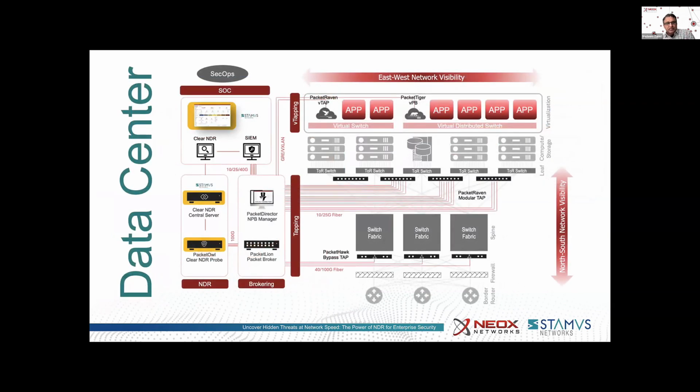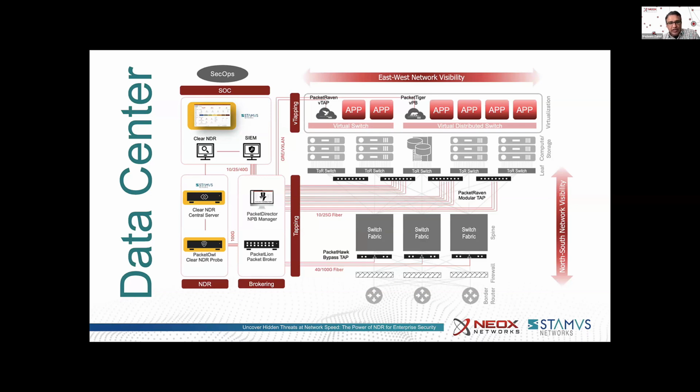A couple of architectures. This is just a bigger picture of how the architecture will look, especially if we have any network architects or network engineers on the webinar. If you look from right to left, you have a typical spine-leaf and a bunch of servers and apps running on them. That's your typical virtualized software-defined data center. You have our Packet Hawk inline bypass taps, north-south, sitting next to firewalls.